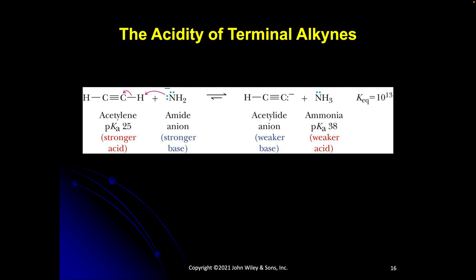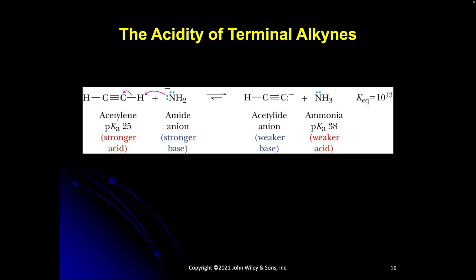So that single bond that you have right here is an sp hybridized orbital that holds those electrons. Sp hybridized orbitals can get the electrons closer to the nucleus. Negative charges next to a nucleus that's positively charged is a stabilizing effect. And so that's why these are more acidic than your typical hydrocarbon.